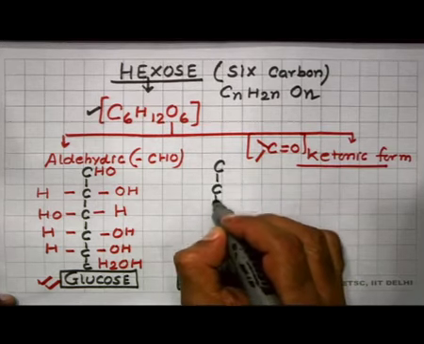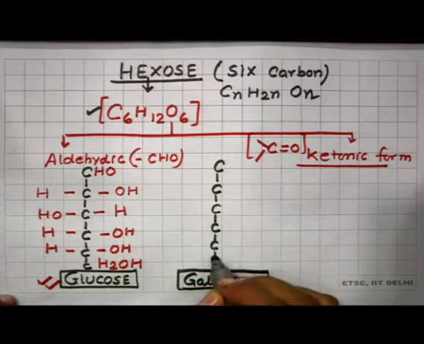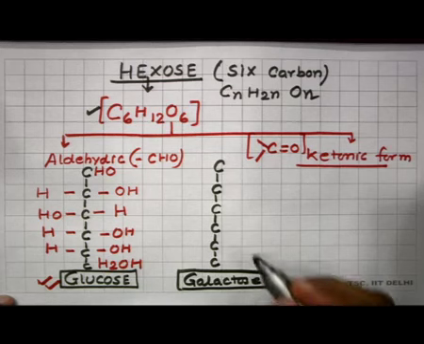Then you can easily write 6 carbon, 3, 4, 5 and 6. When we know the galactose is a type of aldehyde, we can easily write the CHO group is present at position 1.